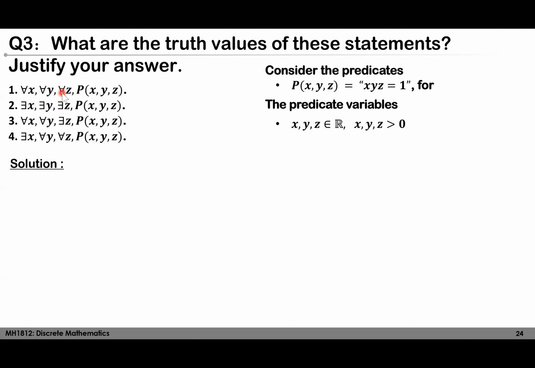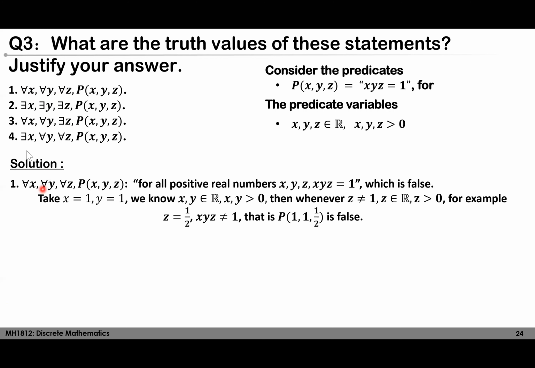So the first sub-question statement translates into for all positive real numbers x, y, z, the product equals 1. So we know this is false because we take x equals 1, y equals 1. They are in the domain.